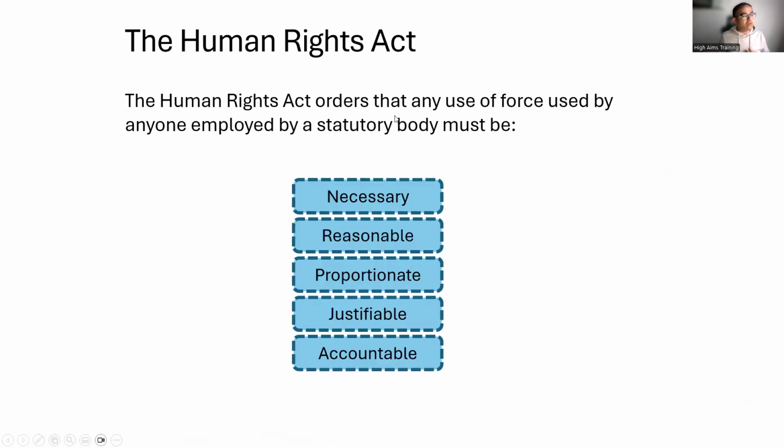Then the Human Rights Act orders that any use of force used by anyone employed by a statutory body must be necessary before they use it, must be reasonable, must be proportionate, must be justifiable, right? And people who are using the force are accountable.